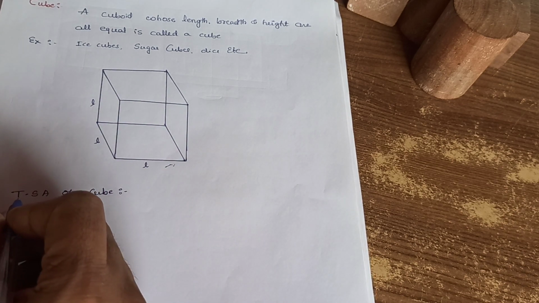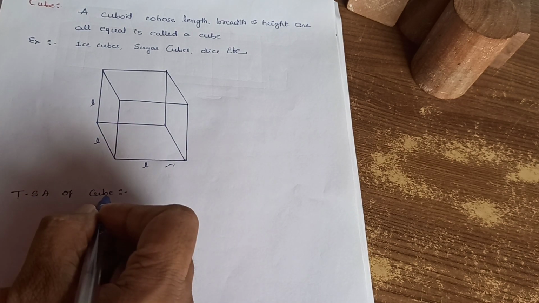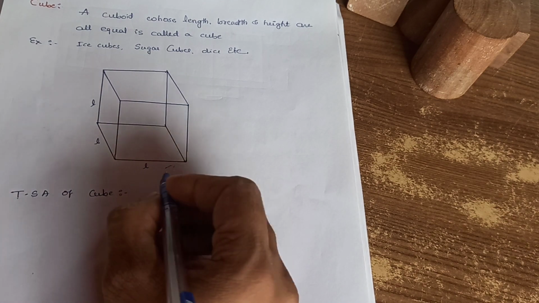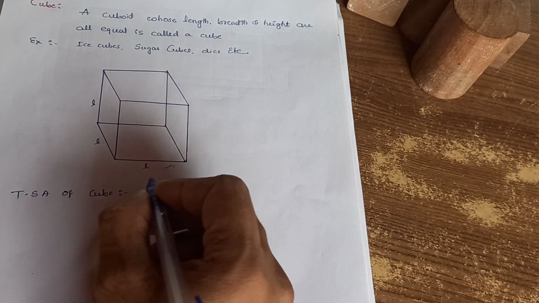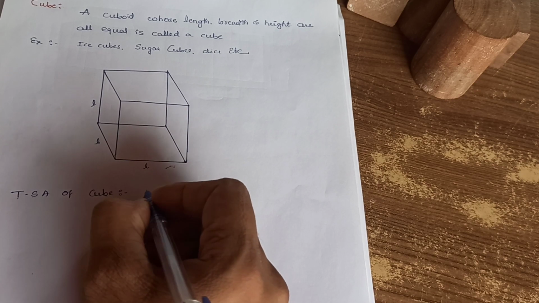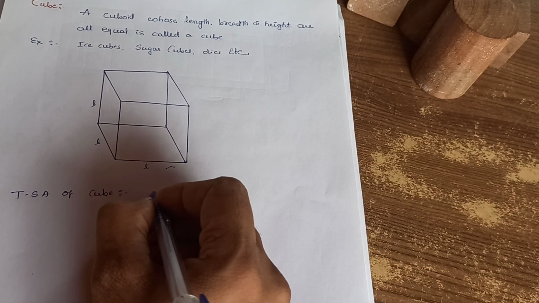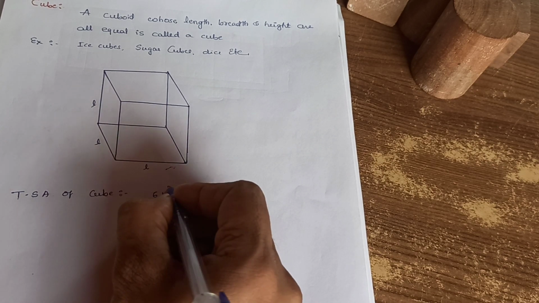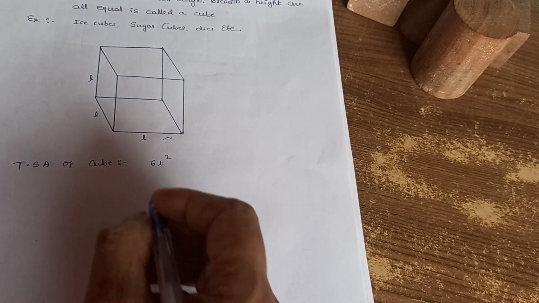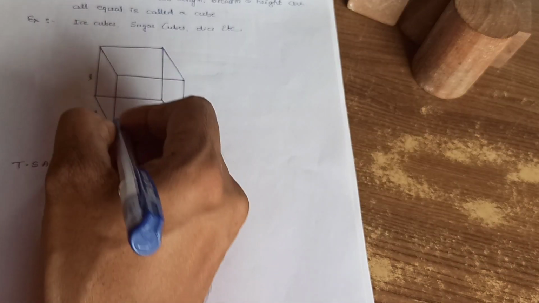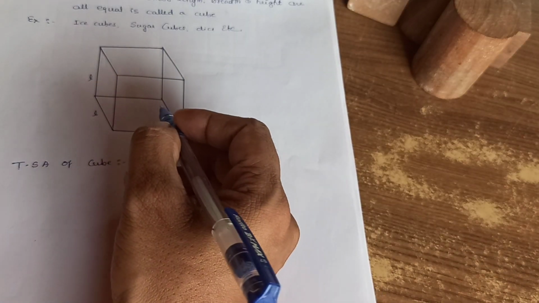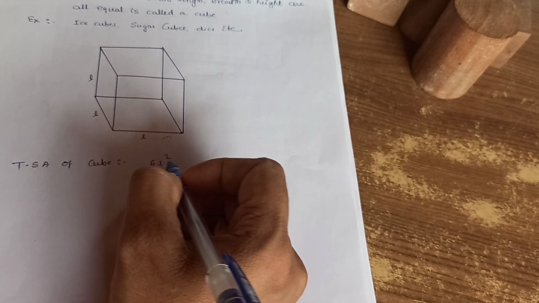We calculate the total surface area of cube as 6L square. So 6 faces means 6L square. L into L, the first face is L square, so 6 times L square.